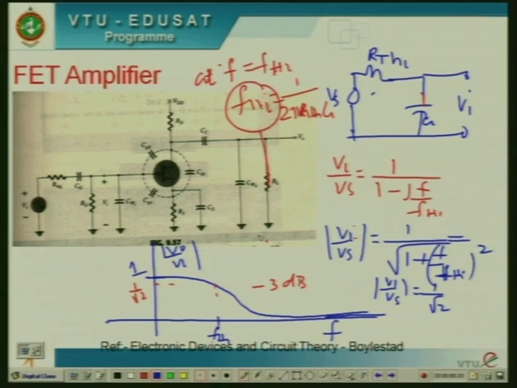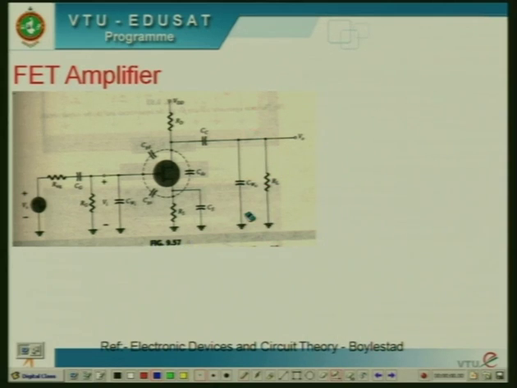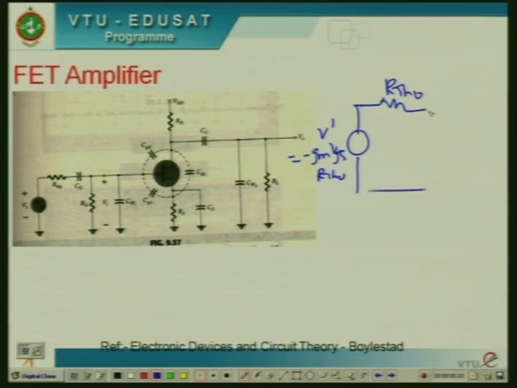Similarly, we can find the equivalent circuit at the output circuit. In the output circuit, the equivalent circuit has a voltage source V dash, which is nothing but minus Gm into Vgs multiplied by RTH naught. Converting the current source into a voltage source, this resistance is in series with the amplifier, that is RTH naught. Output is taken across the capacitor C naught.